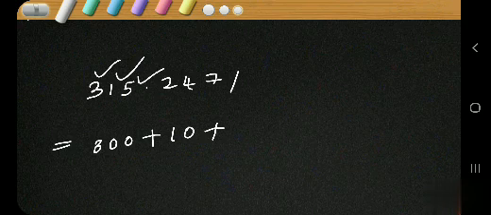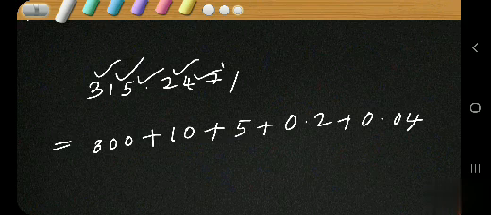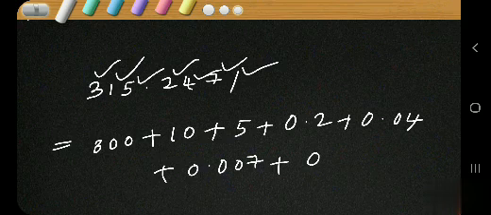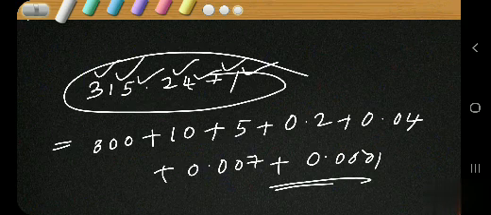What is the place value of 5? 5, ones place, isn't it? Decimal part, place value of 2, 0.2. Place value of 4, second place, 0.04. Place value of 7, third place, plus 0.007. Plus place value of last digit, fourth place, 0.0001. This is the expanded form of this given number.